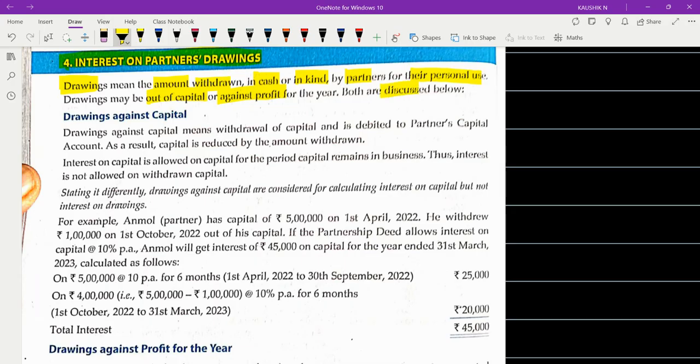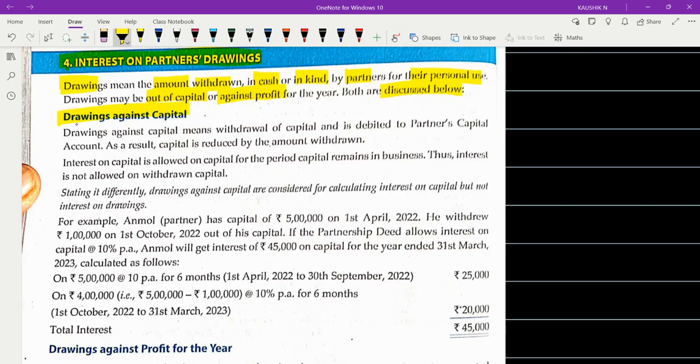Both are discussed below. Last year you learned drawings is the amount withdrawn by the proprietor from the business, either in cash or in kind, to meet personal, private, or domestic expenses. In addition to that, you have two other concepts here: drawings done out of the capital and drawings done out of the profits.